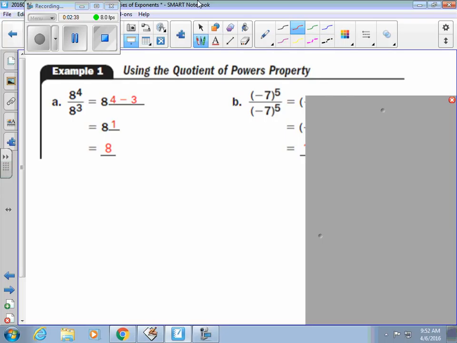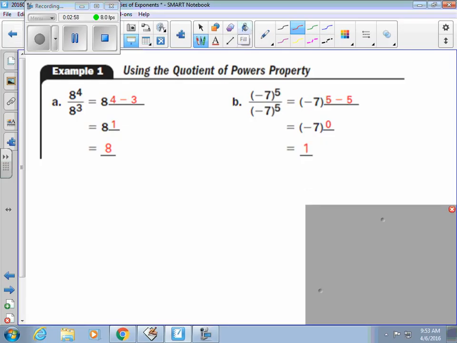Again, you're dividing the same bases, negative 7. So dividing the same bases pairs with subtraction. You subtract the exponents, 5 minus 5. Negative 7 to the 0 power. Remember, the second lesson we did this week said that anything to the 0 power is 1. Very simple.